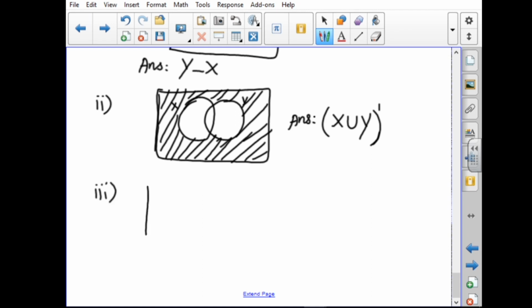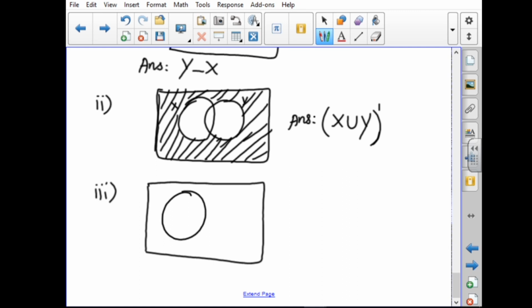Then third one. We know that this part is X difference Y, and this part is Y difference X. So the two parts are shaded.